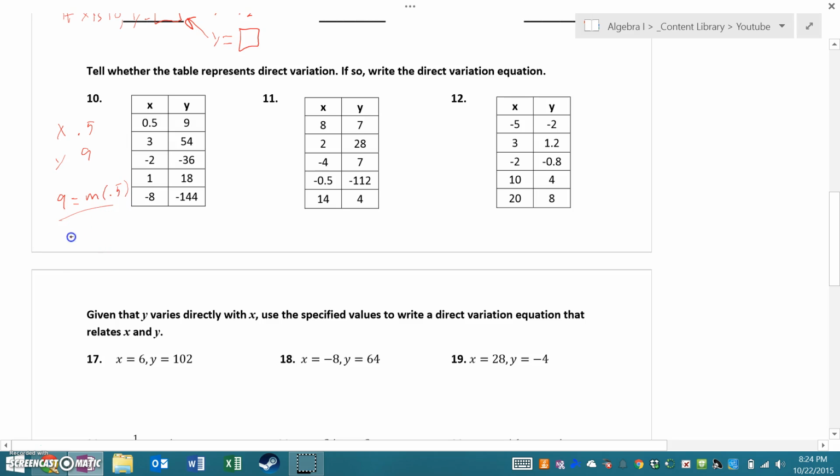Now, one of the things about this is that I'm going to be able to figure out what the slope is. Whenever I do that, if you divide those, 9 divided by 0.5, you get 18. If I use that 18 and test these other numbers, I should be able to come up with the same slope.